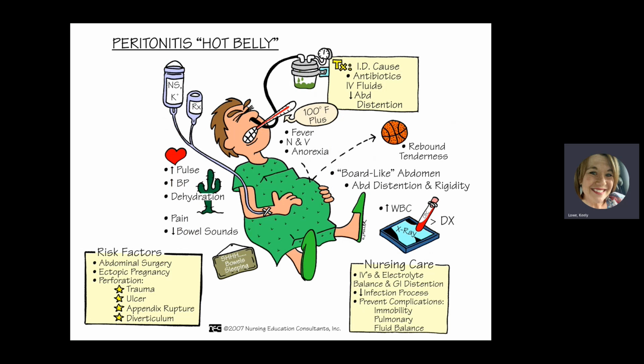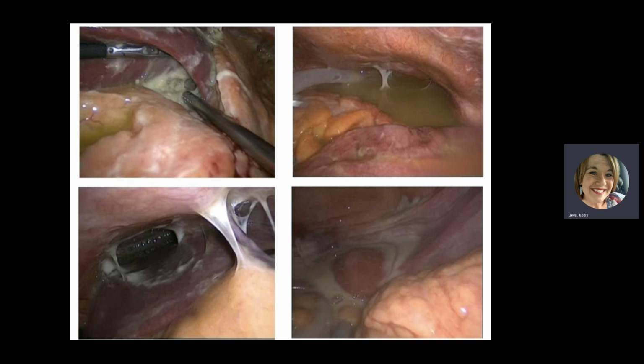And again, some other diagrams of symptoms. And you said peristalsis is the ability for the intestines to move things? So when we listen to bowel sounds, those bowel sounds are peristalsis, yes. The movement of the intestines. Again, some lovely graphic pictures of the fluid that's in the peritoneum that shouldn't be.